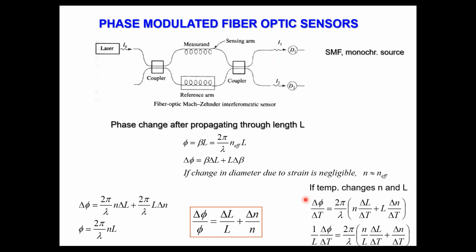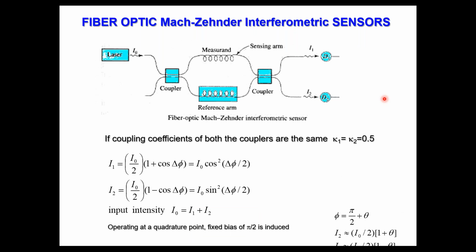So in that way, it can be a change in length, or it can be a change in refractive index that causes a change in phi, that is the phase. You can translate this into intensity also. The intensities reaching the first detector and the second detector follow this relation.